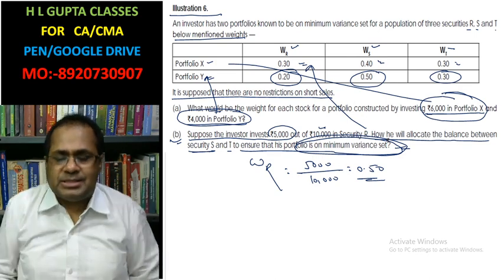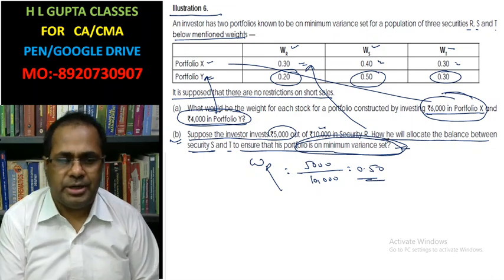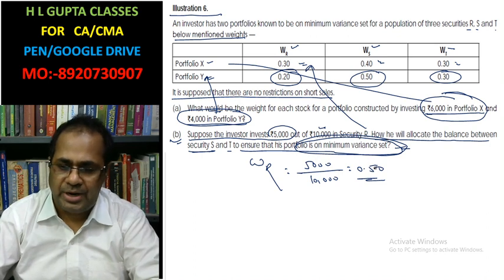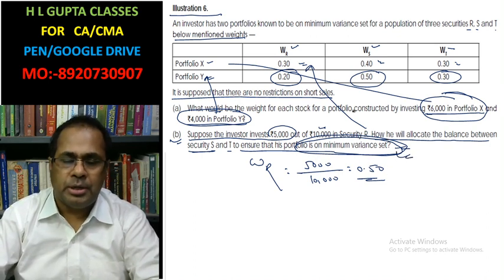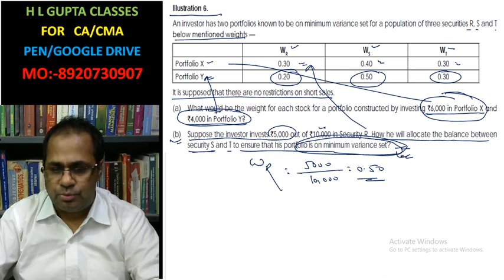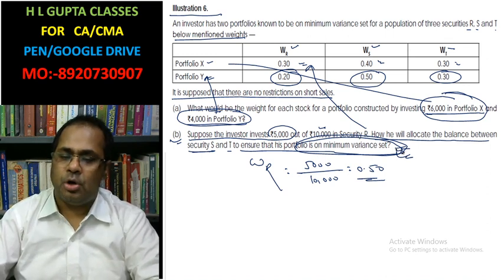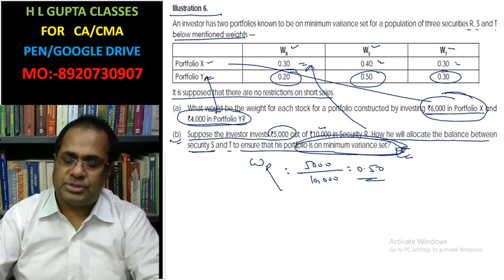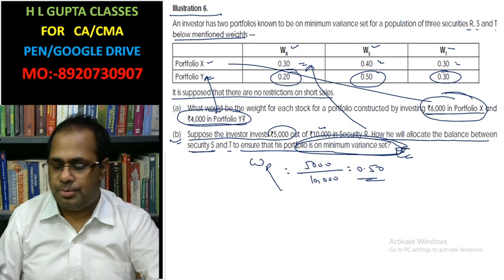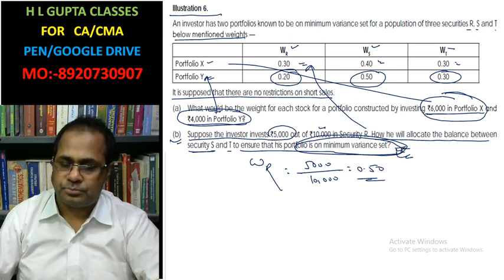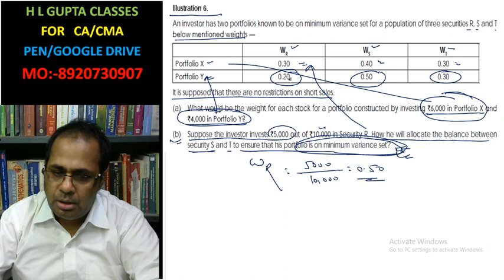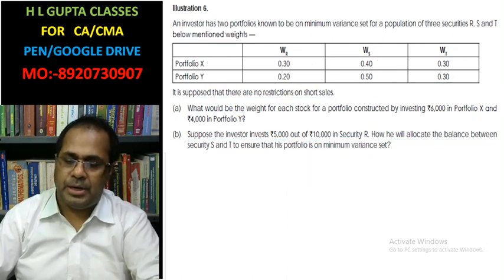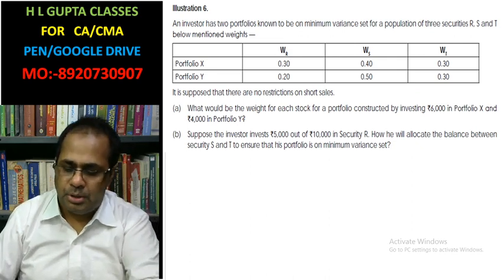In this case, you can calculate it with the help of the critical line, and by solving the equation you will get the values of M and C. Please try to understand, this can be solved on the basis of a line, the critical line.